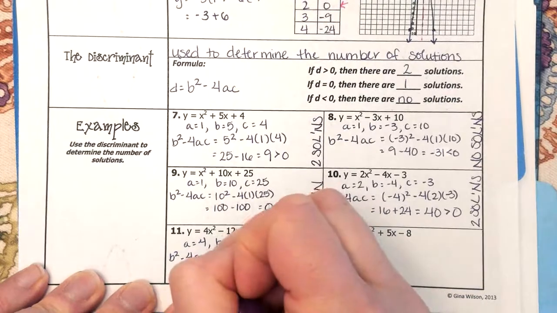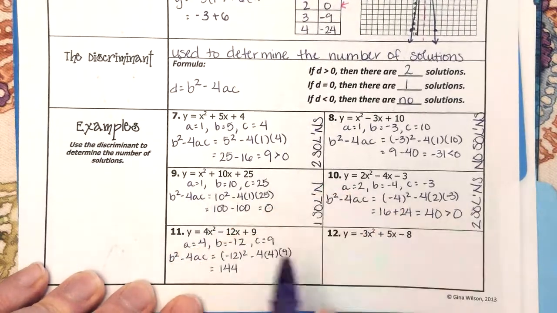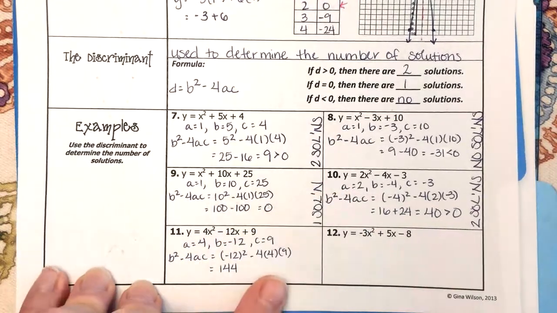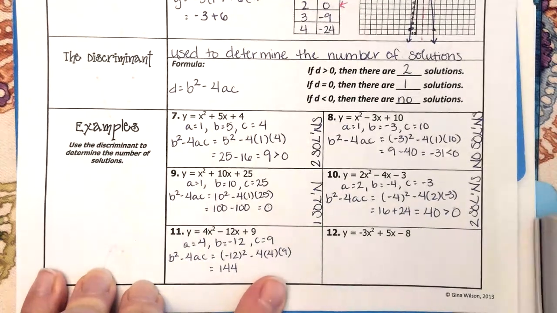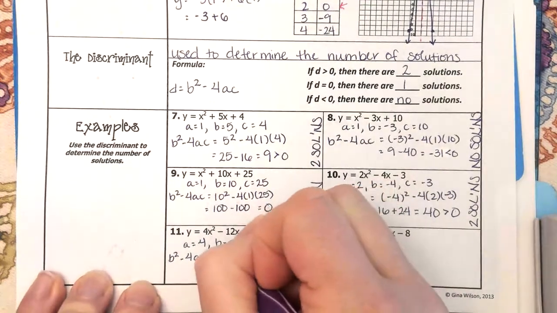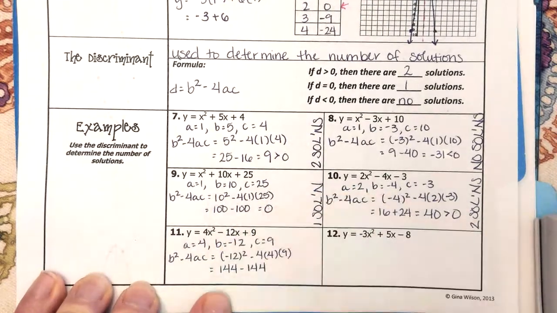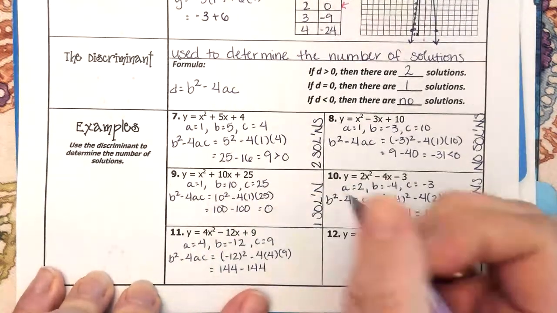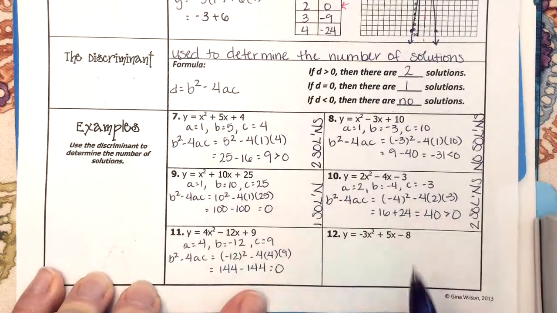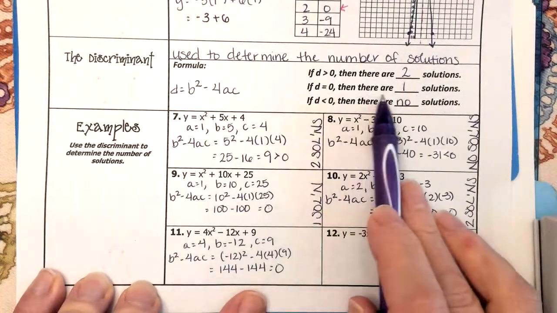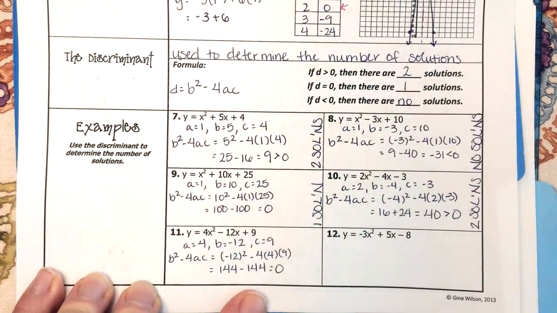Negative 12 squared is 144. Negative 4 times 4 is negative 16. Negative 16 times 9 is negative 144. 144 minus 144 is 0. When my discriminant is 0, there is one solution.